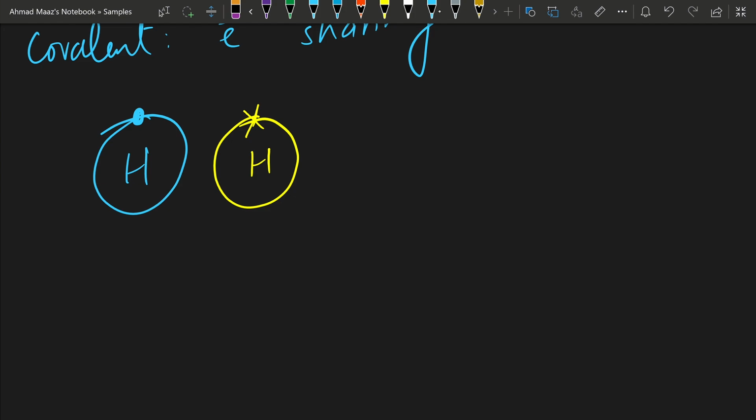Otherwise, it will not form its duplet. So instead of donating, gaining or losing an electron, they share their valence electrons. The new structure that will be formed is: the hydrogen with this blue electron shares its valence electron with the hydrogen with this yellow cross electron.